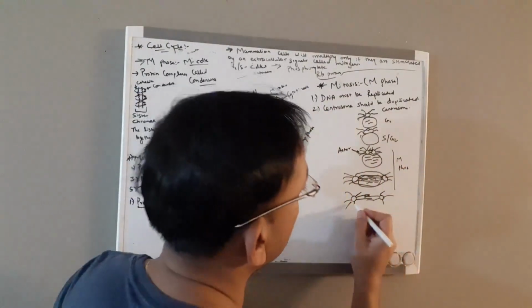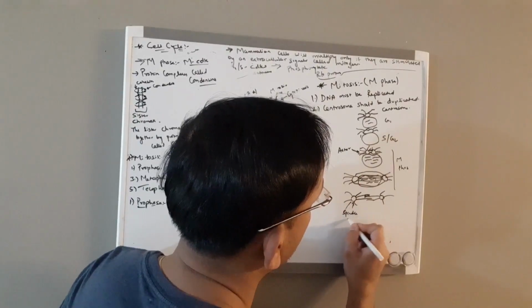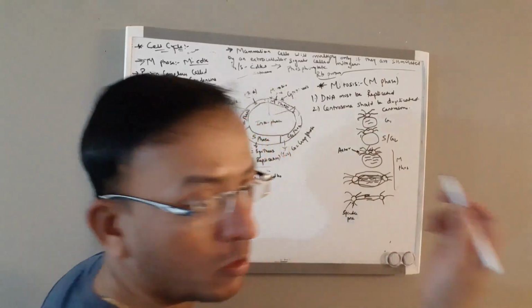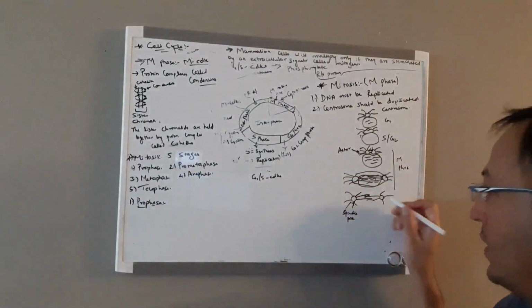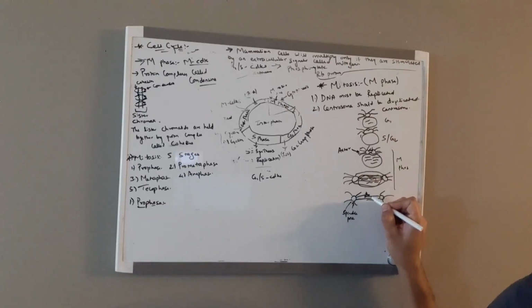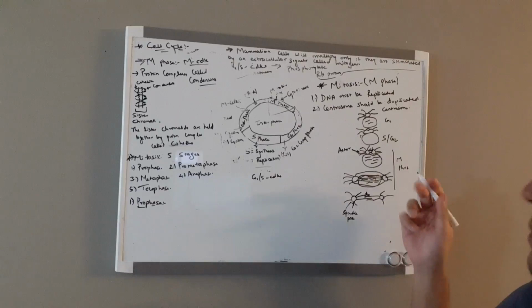So this is now called the spindle pole, on both sides, right? And the interacting microtubules are called interpolar microtubules.